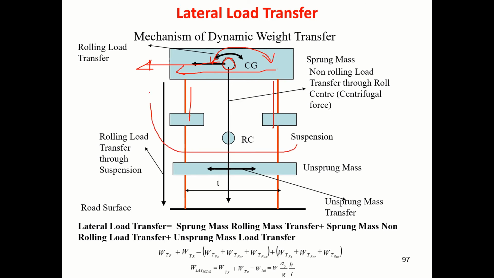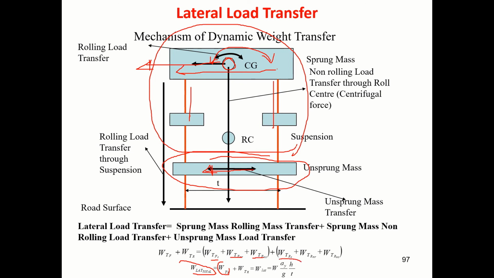This is as far as sprung mass is concerned. In an unsprung mass, it is not sitting on a suspension and it happens due to centrifugal force. That's why I have written total lateral load transfer is due to centrifugal force, suspension rolling, and unsprung mass transfer.